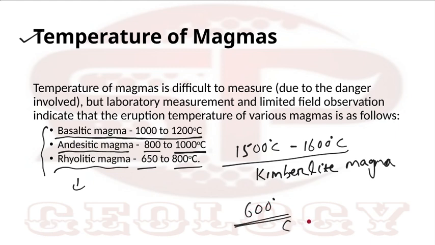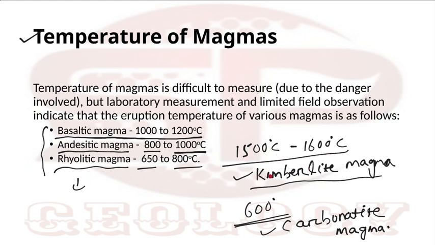That is called carbonatite magma. Kimberlite, carbonatite: these are very rare magmas. At 1500 to 1600 you will get kimberlite magma, which is a very high temperature, and carbonatite is a very low temperature.